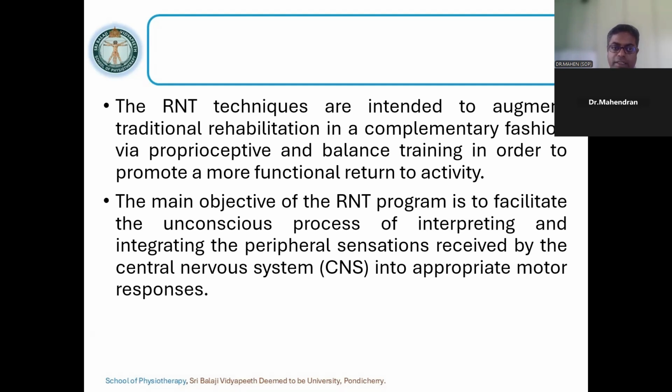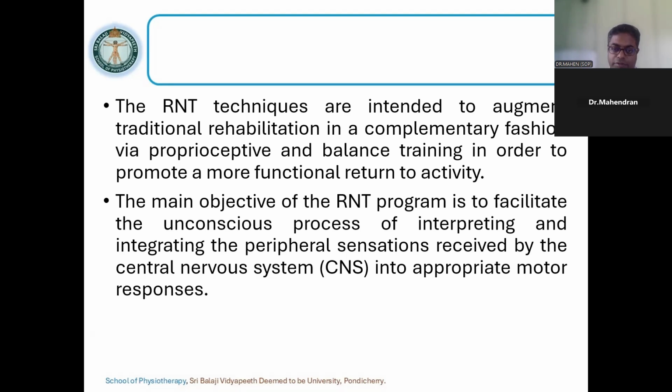Actually, RNT is an augmented technique. Augmented means this can be incorporated as an additional technique. This is not a primary technique. So if you are using any conventional approach of physiotherapy rehabilitation, RNT could be incorporated additionally or along with that. This technique cannot be used as the primary technique of rehabilitation.